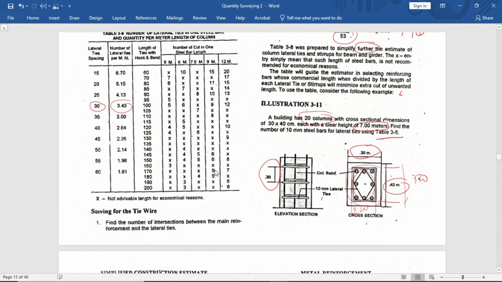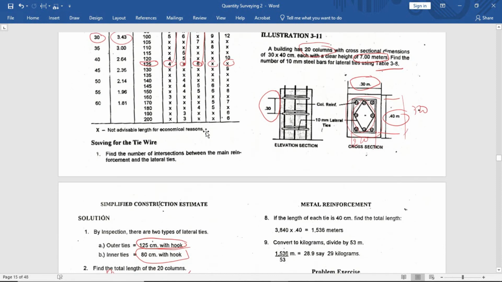Ang available lang is ang 5 meters. Ang 6 ay not advisable, 7.5 is 6. Not advisable rin ang 9 tsaka ang 12. So, ang pwede lang ay ang 4 at tsaka 6. Pipili tayo sa dalawa. So, 5 for 4 and 7.5 for 6.